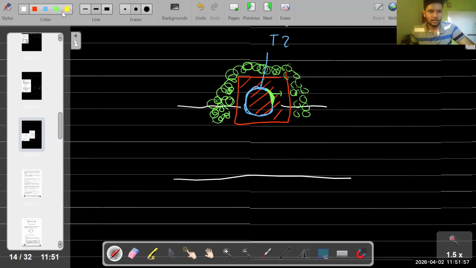Now there is another segment like this, the plasmid. What is this green color called? Now explain it to me. I'll explain the yellow color one. You explain the green color to me.